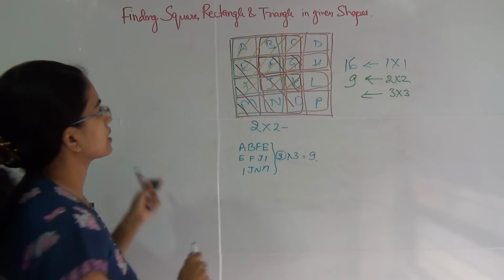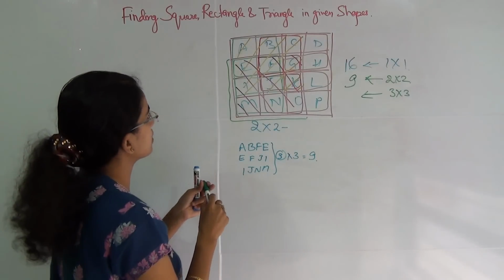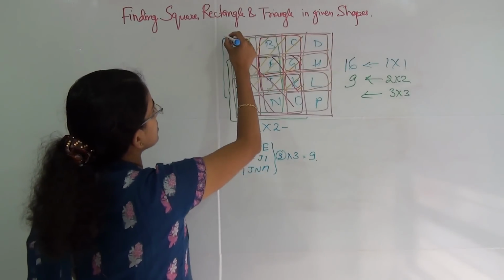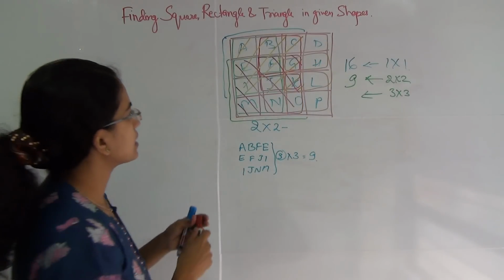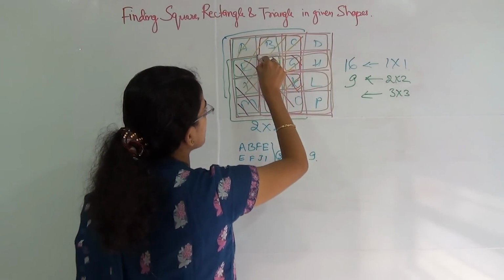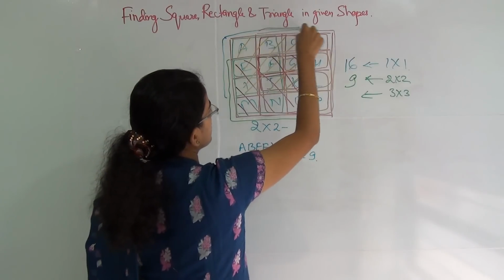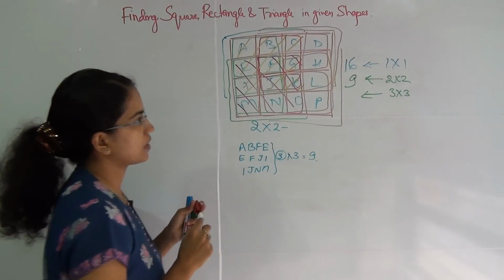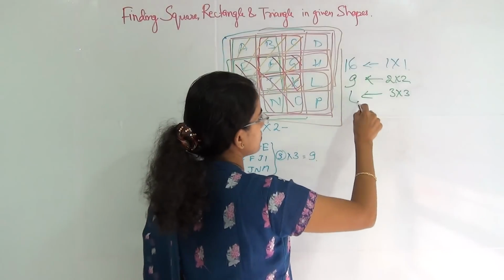So I can say this 3 by 3, this 3 by 3, then this 3 by 3, and this 3 by 3. So I have this 3 by 3 and then I have 3 by 3. So if I count 3 by 3 matrices, there can be 4.